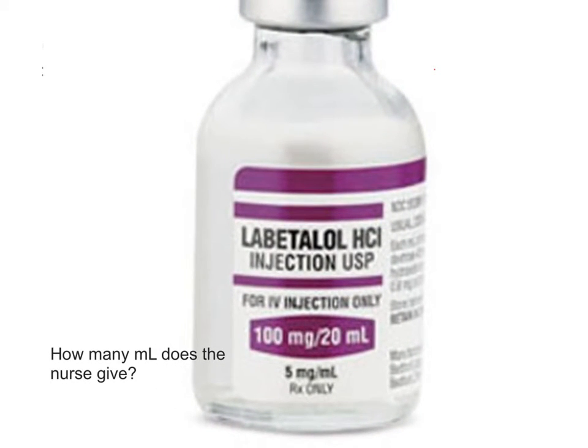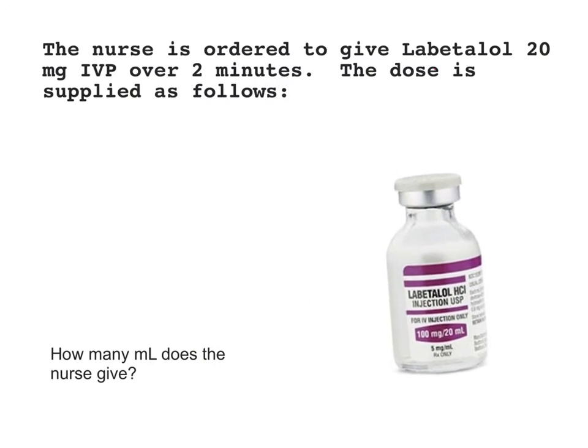And I am going to call your attention to the strength that it's supplied in. Right here, 100 milligrams over 20 ml. Okay? It's also 5 milligrams over 1 ml. So see, they reduce their fraction. 100 over 20 is the same thing as 5 over 1. But you have a 20 ml vial. And I have seen it given in a vial that large.